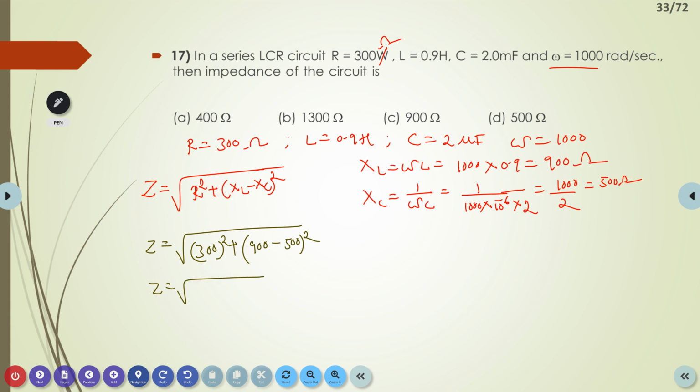Z equals 300 square plus 400 square, which is nothing but 3 square plus 4 square. 3 square is 9, 4 square is 16, that is 25, whose root is 5. So finally you are getting Z equal to 500 ohm. That is the right choice. This is also a direct formula.